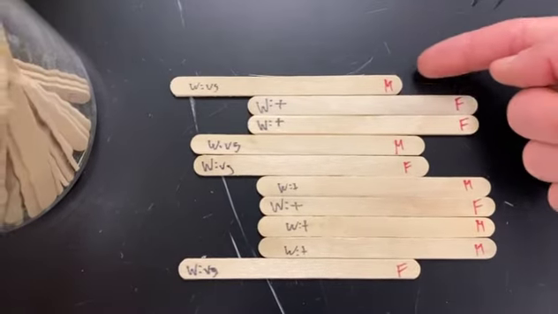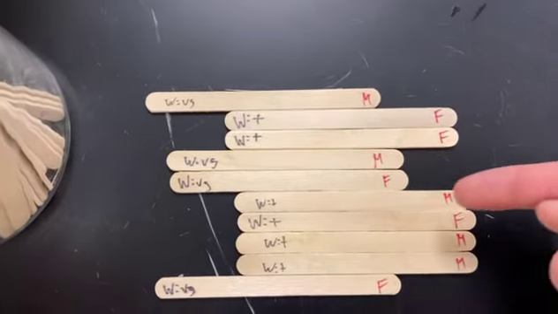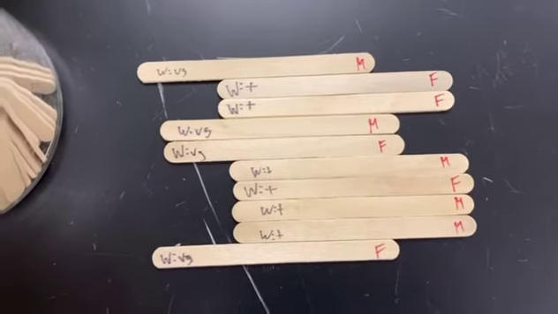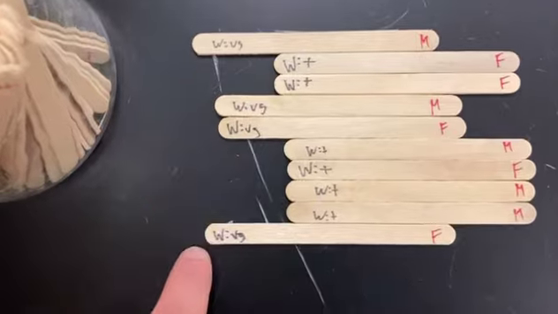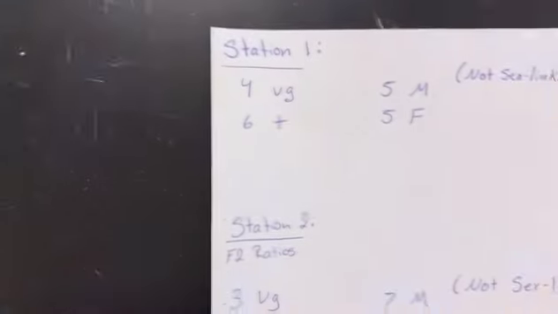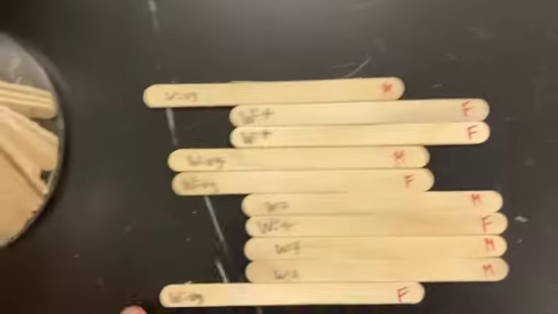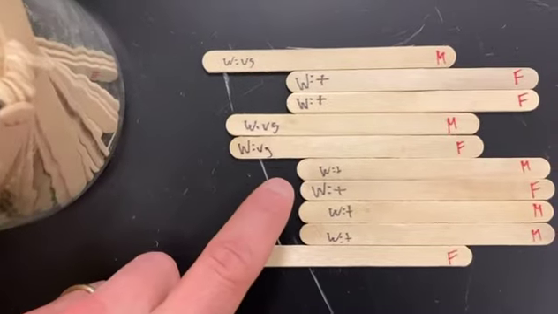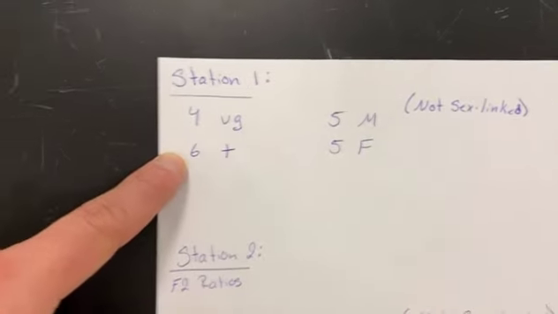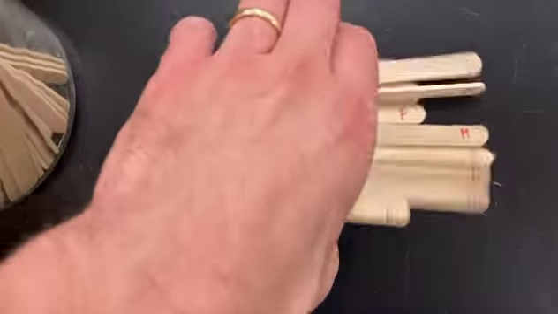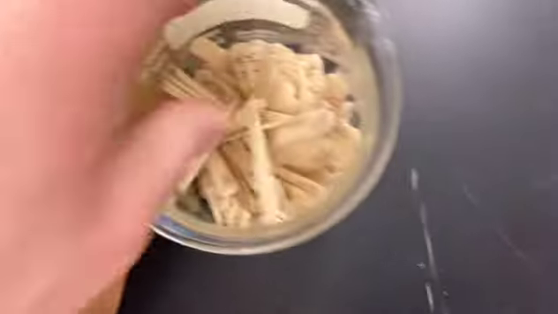So here we don't really need to track the gender on the right side of the popsicle stick, but you can keep track of the fact that we see 1, 2, 3, 4 vestigial, and 1, 2, 3, 4, 5, 6 wild type. So that's our data from station 1. Now we can take these popsicle sticks back for another group to use.